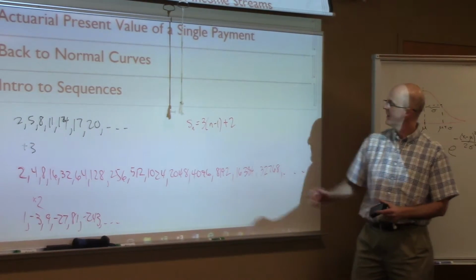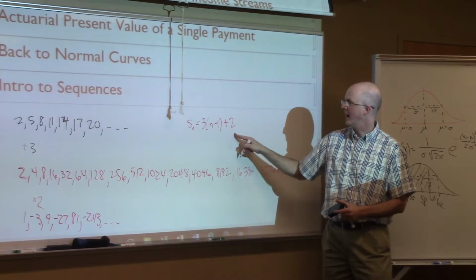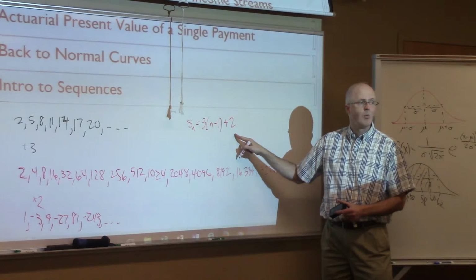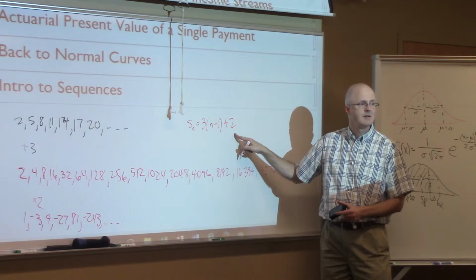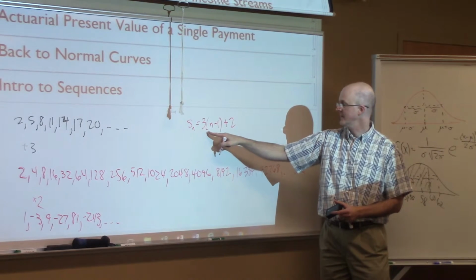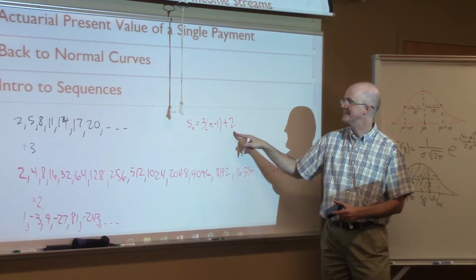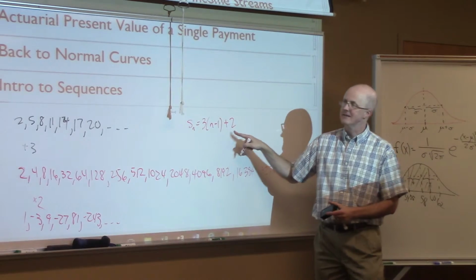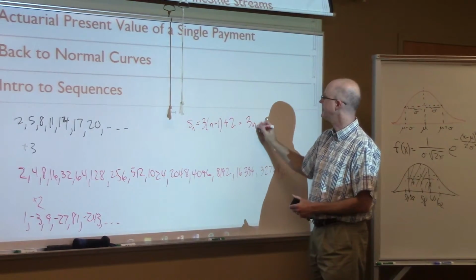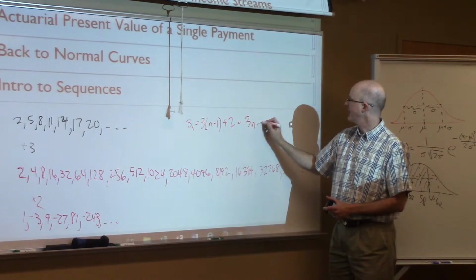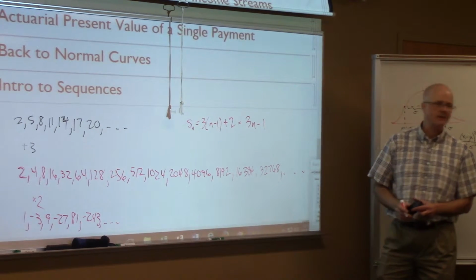When n is 1, that's 0, I get 2. When n is 2, I get 3 times 1 plus 2 is 5. When n is 3, I get 3 times 2 plus 2 is 8. This matches that sequence. Of course, you can expand this out and simplify to 3n minus 1. That's what that would simplify to.